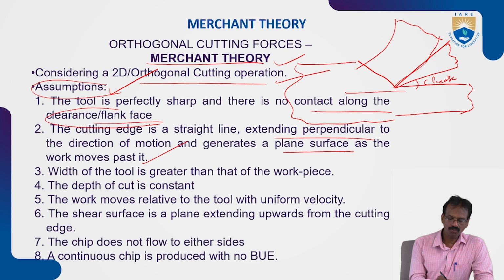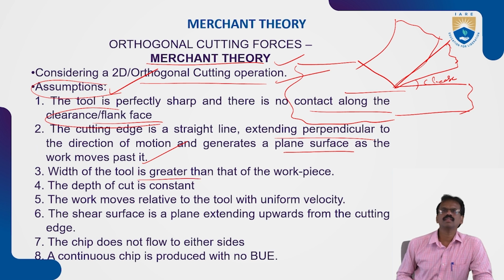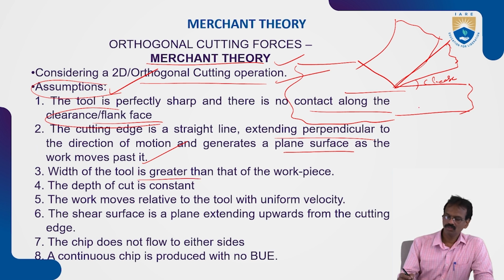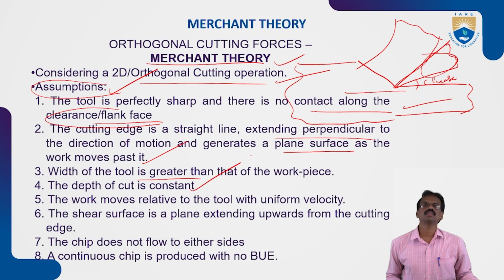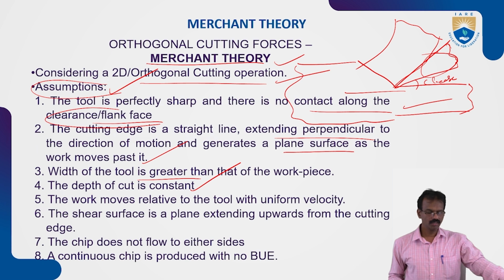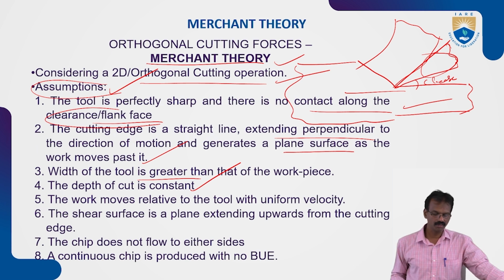Next, the width of the tool is greater than the workpiece. That is one more assumption. Next, the depth of cut is constant; there is no variation in the depth of cut.